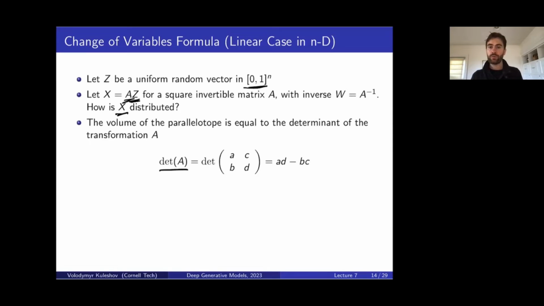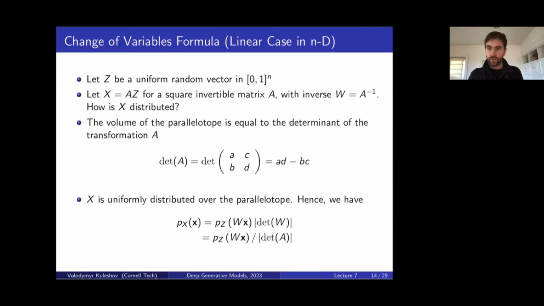Therefore, what will be the magnitude of the uniform distribution for X? Can somebody tell me? It's going to be uniform with an adjustment factor of 1 over the determinant of A. And so this here is going to be p of Z. p of Z is uniform. Because it's uniform in the unit hypercube, this will simply equal 1.